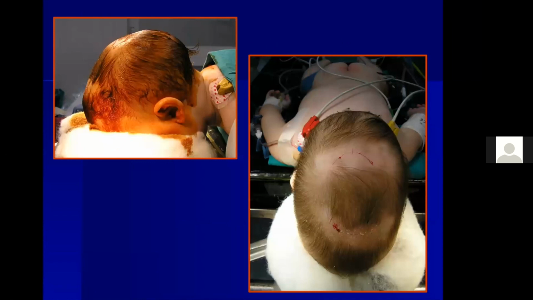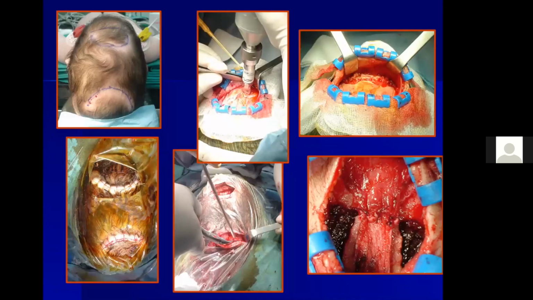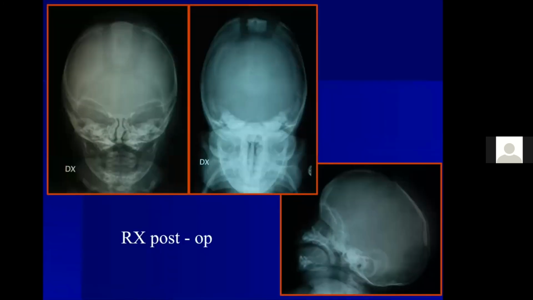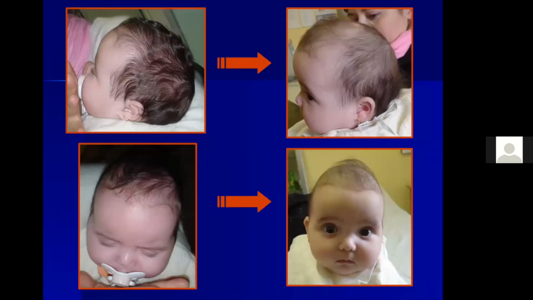This is our experience, in which we performed a couple of small incisions, one anterior to the anterior fontanelle and the other one posterior on the inion, in which we performed this kind of osteotomy with less blood loss. And it's maybe the main problem for this kind of surgery. Those are some X-ray controls, and those are the results.